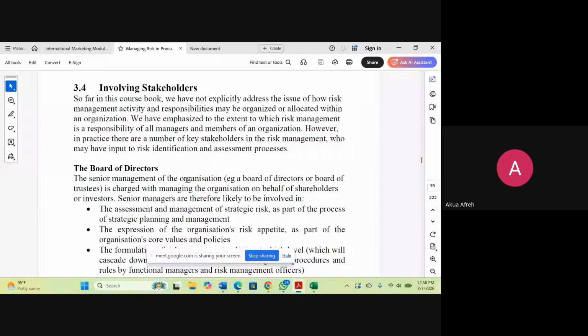So why do we need to involve them, or why do they matter when it comes to risk management? Because risk does not affect only one department. It does not only affect the procurement department, but it affects all these stakeholders. So if it affects all these stakeholders, why don't we involve them when we are managing these risks?